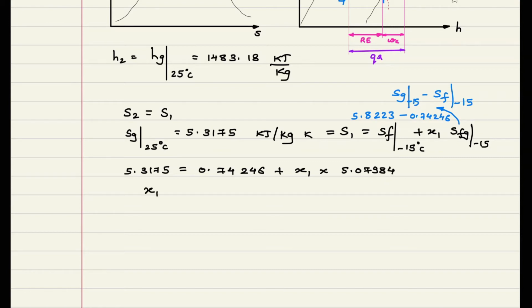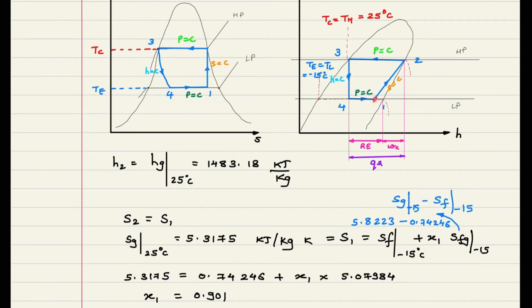Okay, from here we can calculate X1. Okay, X1 is equal to 0.901. Now we have value of X1, we can calculate enthalpy of this point. What will be enthalpy of this point? It will be up to this point Hf, and this total value till this saturation, I'll show this again. Okay, till this point it is Hf, and till this point it is Hfg. So Hf plus X1 into Hfg.